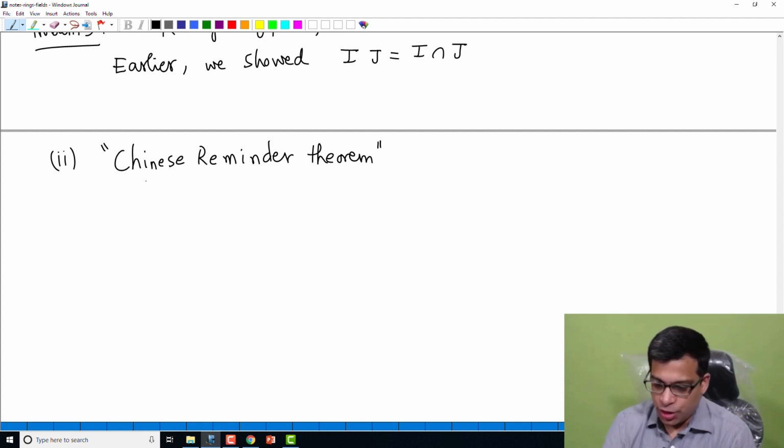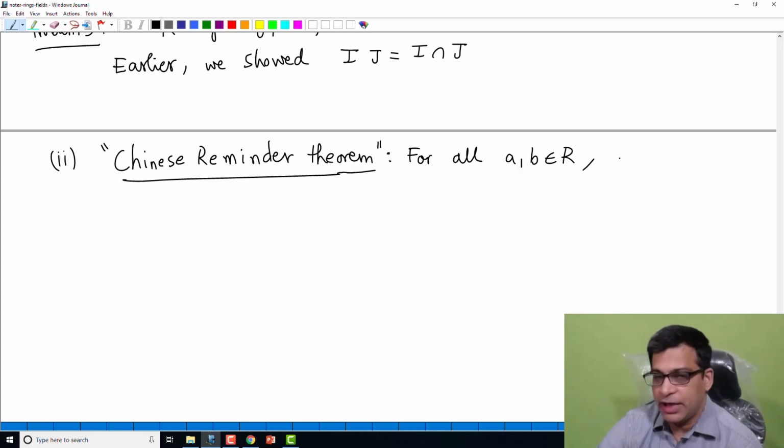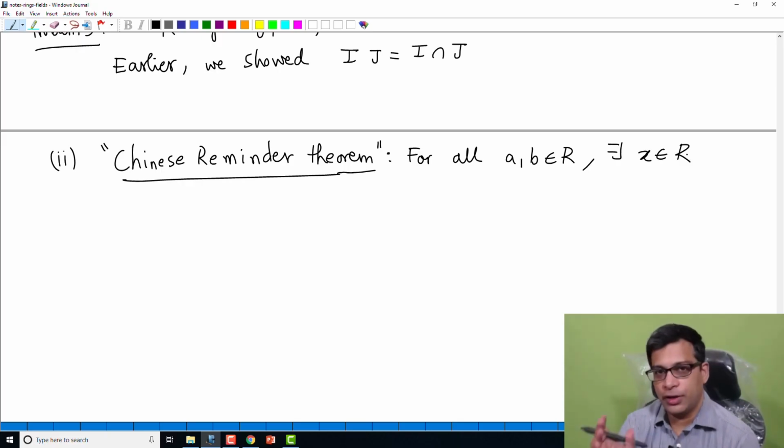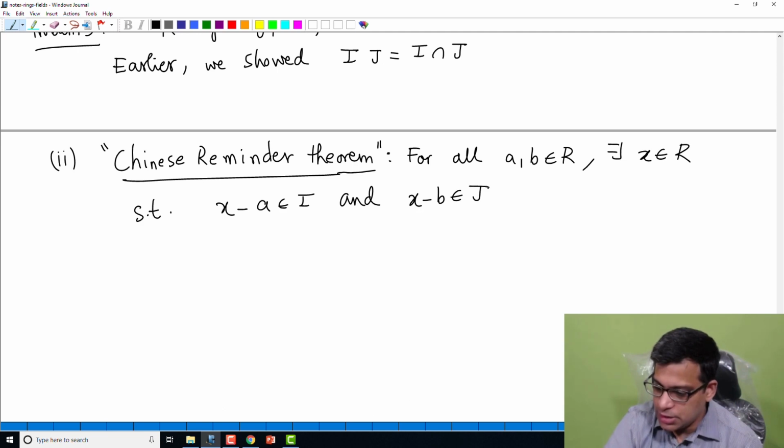The second part is to show that for any pair of elements a, b in R, there exists an element x in R such that x minus a is in I and x minus b is in J. So you understand what I am saying?